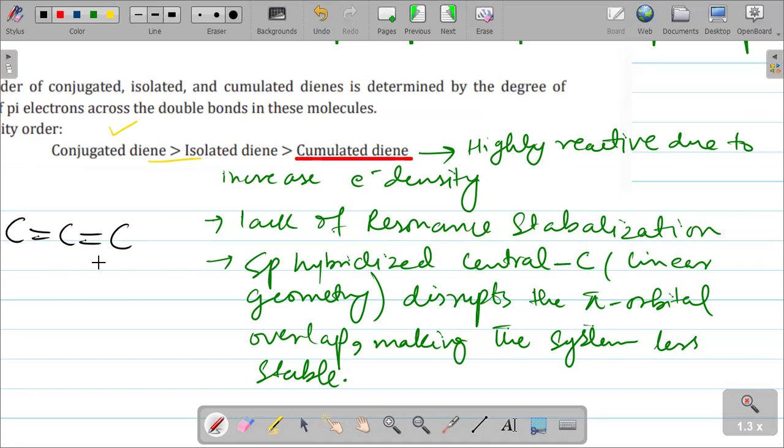And the third one is that the central carbon of the cumulated diene is sp hybridized, which disrupts the pi orbital overlap, making the system less stable. So these are the three points which explain why the cumulated diene is less stable than the conjugated as well as the isolated diene.